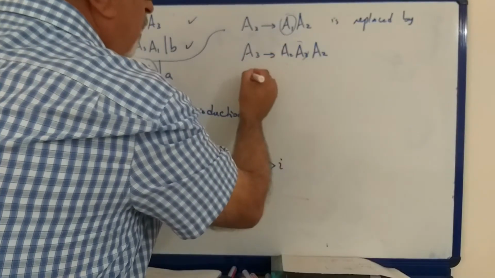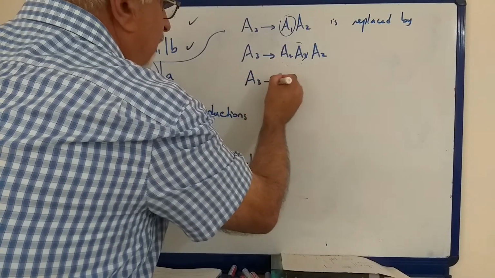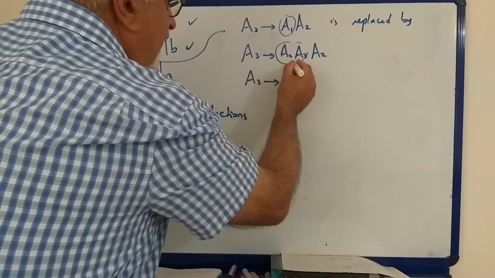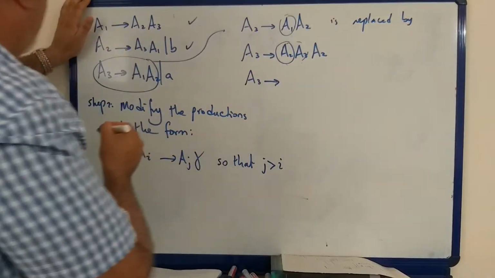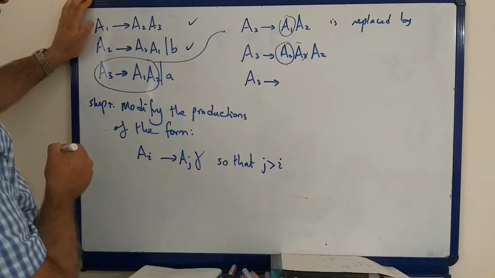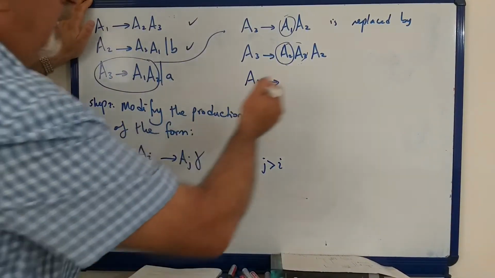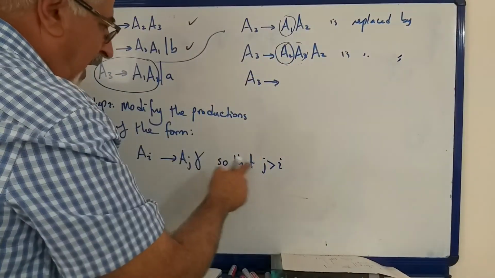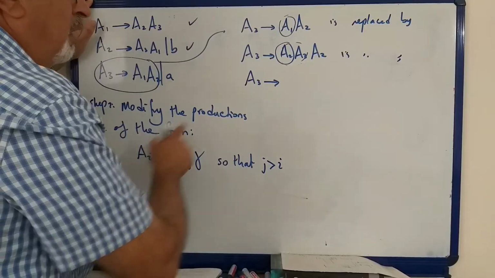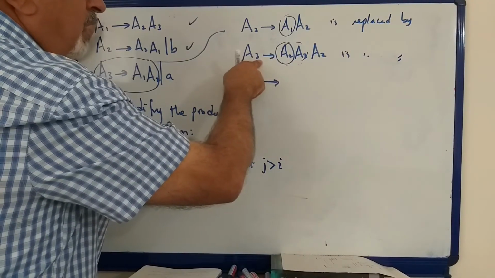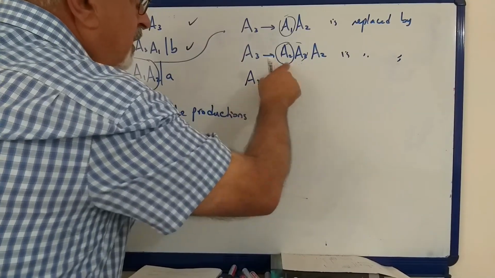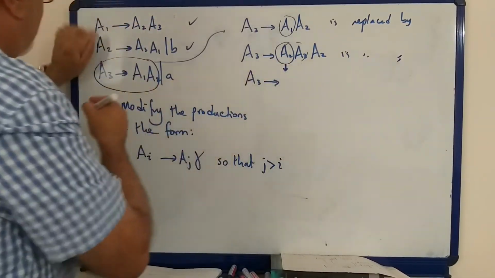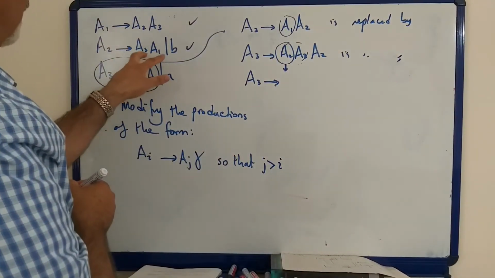So you will continue. A3 gives, instead of this A2, what can you put? Still, I should have j greater than i, but here 2 is not greater than 3, so I will continue. Instead of A2, I have two things.